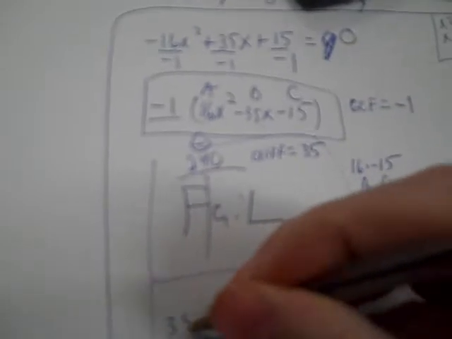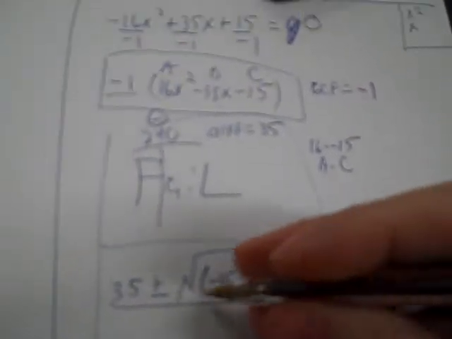So opposite of B. So the opposite of negative 35 is 35 plus or minus the square root B squared, so parentheses with a second power and then a minus, and then 3 parentheses in a row. And then I put my B, now it's negative 35, and then 4, and A is 16, and C is negative 15.